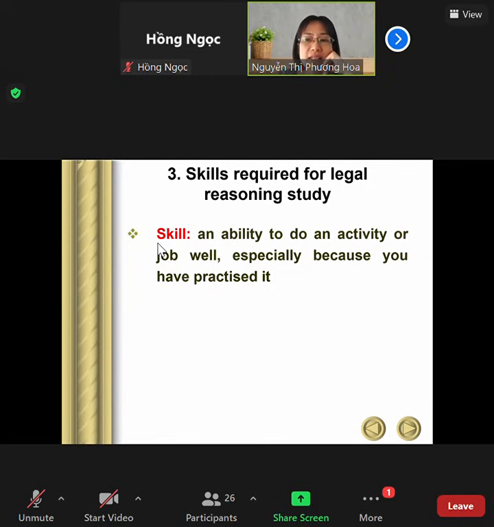So now I would like you to compare the relationship between skill and knowledge. I hope that you understand what skill means and that you apply the knowledge within this subject to real life, because this subject will provide you a lot of knowledge and some practice.